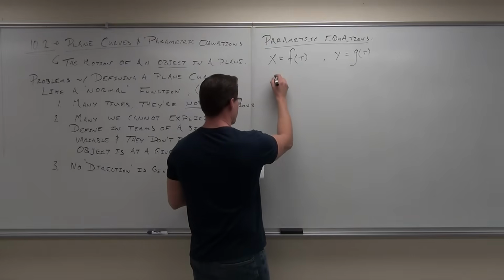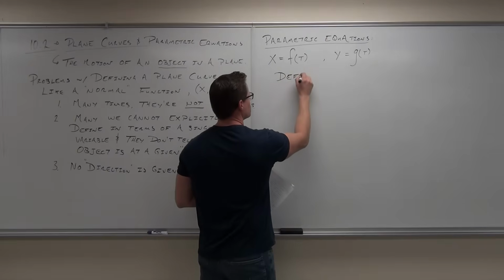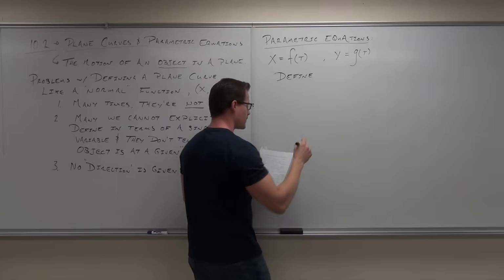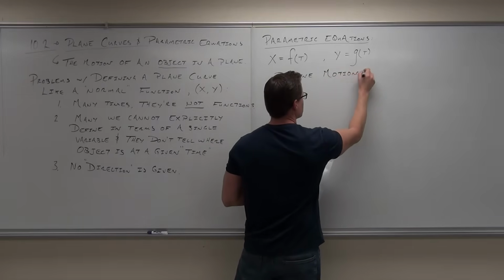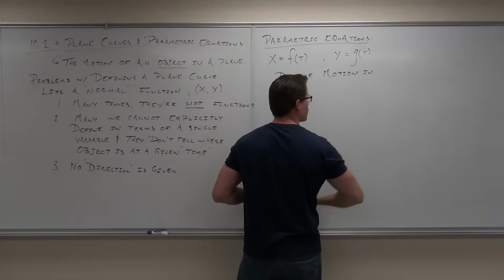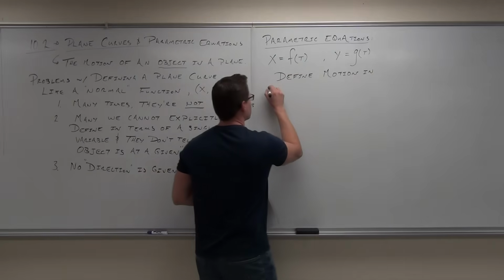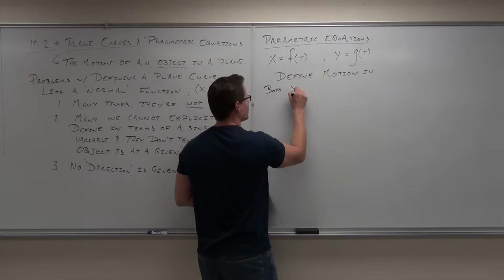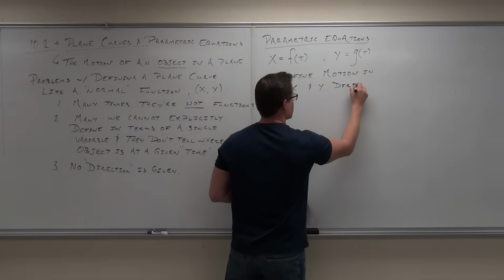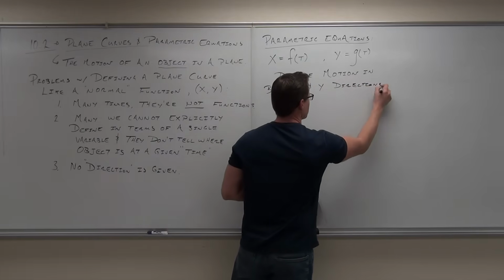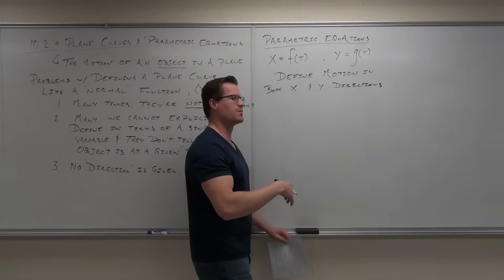So I'm going to write that out so we have a good note. We're going to define motion in both x and y directions as a function of some variable t.